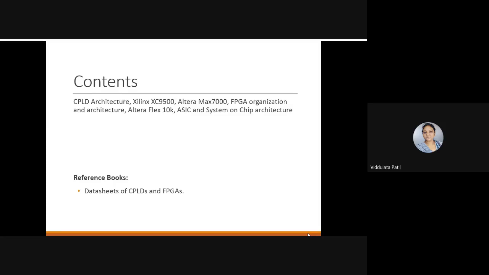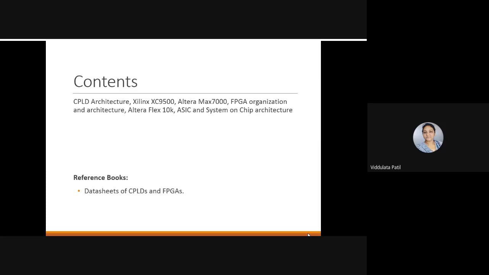These are the contents of this unit. That is CPLD architecture, then Xilinx XC9500, Altera Max 7000, FPGA organization and architecture, then Altera Flex 10K, ASIC and system on chip architecture. Okay. So in this unit, we are going to discuss the architecture of complex programmable logic device.